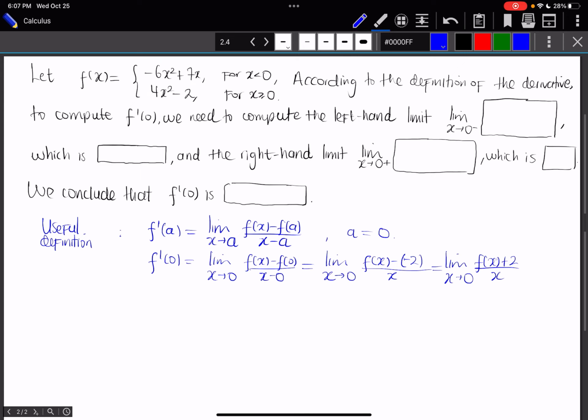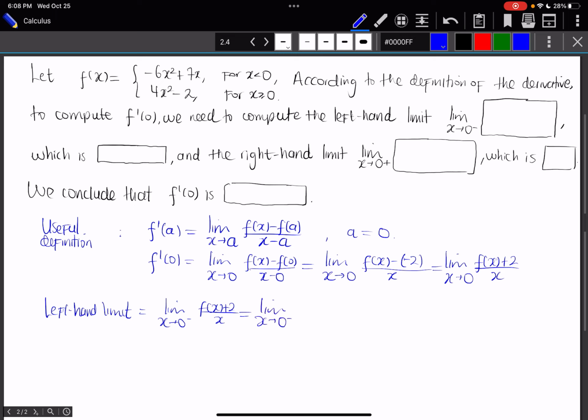Then we need to break this limit into two limits. One that is the left-hand limit, and then the right-hand limit. The left-hand limit is the limit as x approaches 0 from the left of f of x plus 2 divided by x.